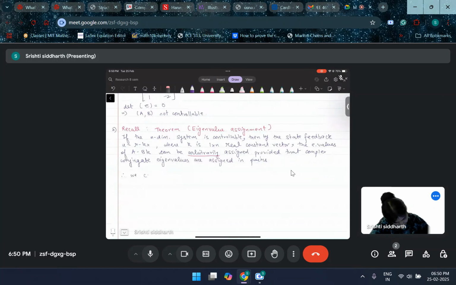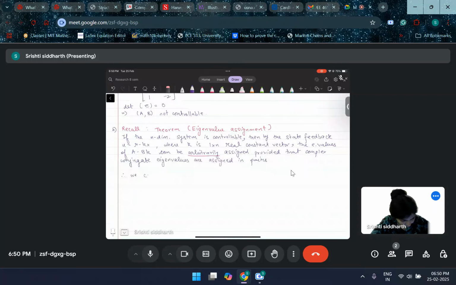We cannot place eigenvalues, or all the eigenvalues, at the desired location. This is because the system is not controllable. So the determinant of C is zero, which implies in this case that the rank of the matrix C is 1.